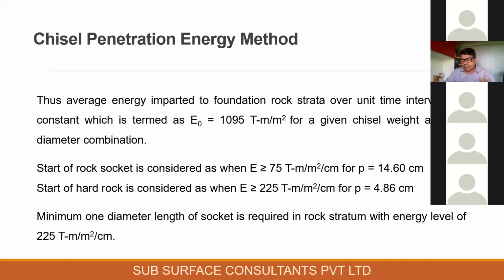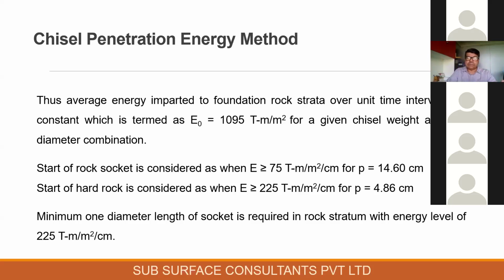Only then the pile can be terminated satisfactorily. There will be occasions, we have faced many times, that the energy level of 75 or so is not reached. So there, arbitrarily, we have taken a call of putting the pile rock socket as 5 meters.